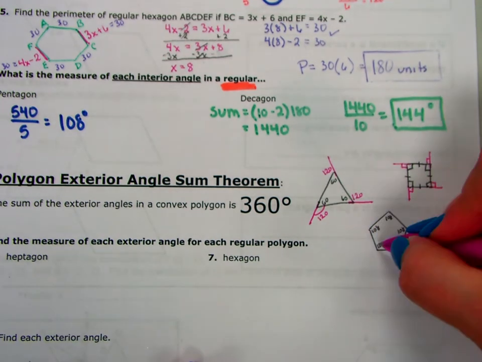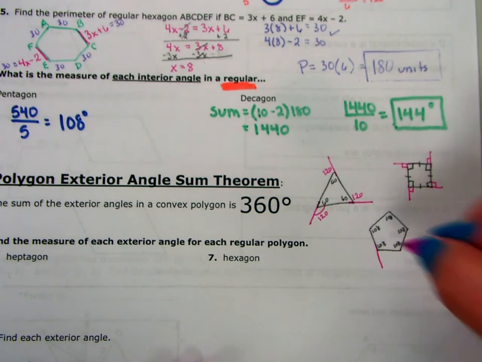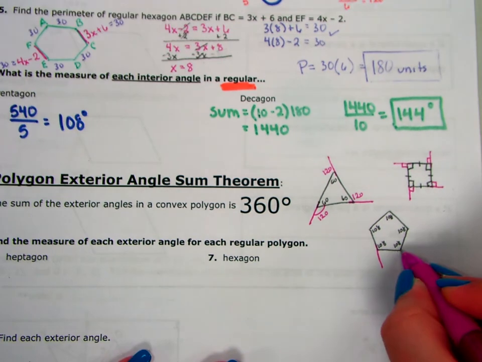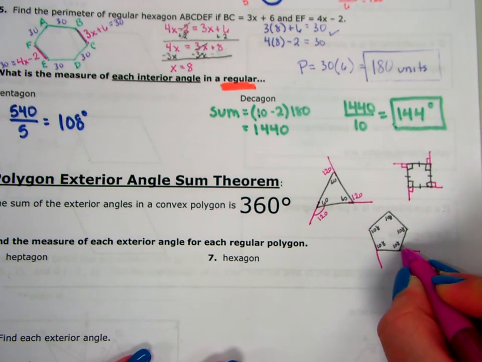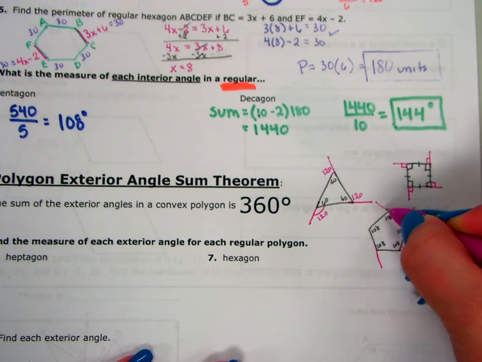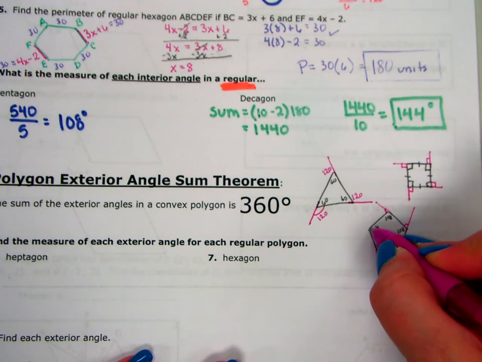So when I extend each side and I make that linear pair, how big is that angle on the outside going to be? How big is that little angle going to be? 108. It's a linear pair.